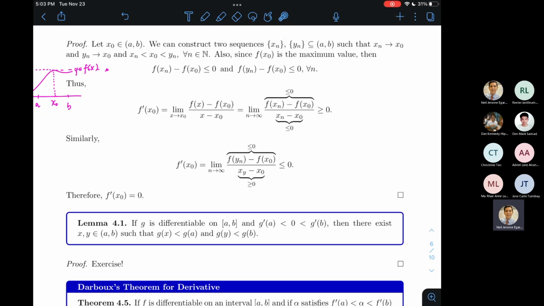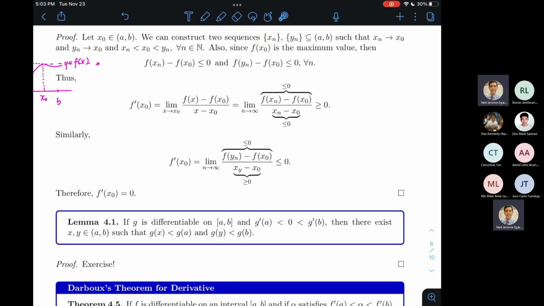Okay? So dahil inassume natin na kunwari si f of x sub 0 ay maximum, kung siya ay maximum, ibig sabihin yung f of x sub n minus f of x sub 0 ay less than or equal kay 0, right? Kasi nga ito yung maximum.